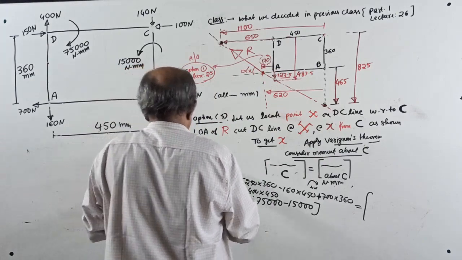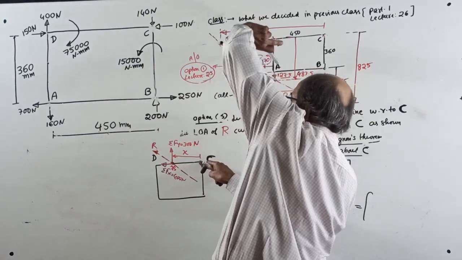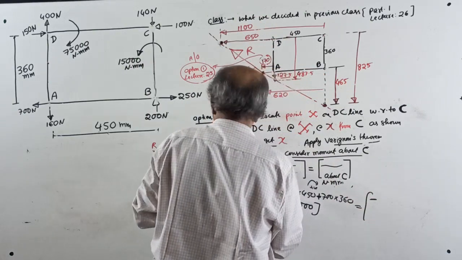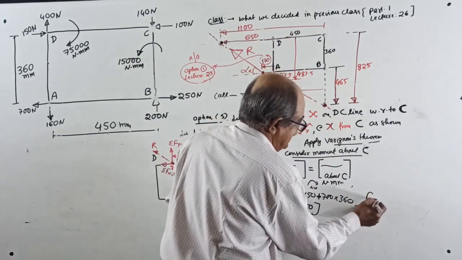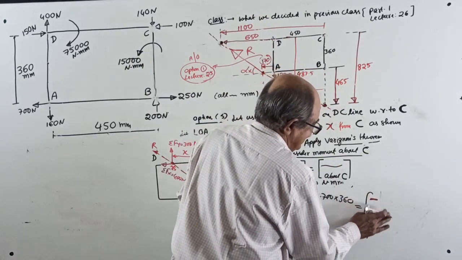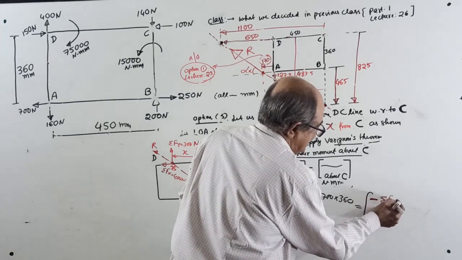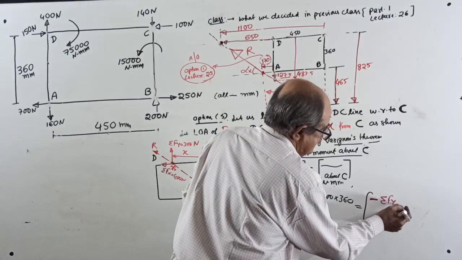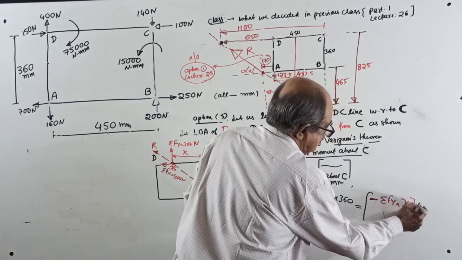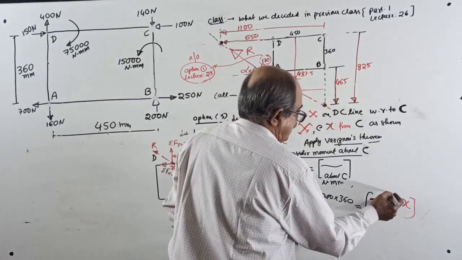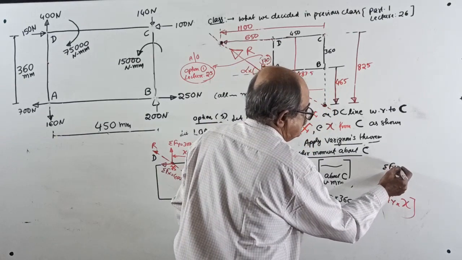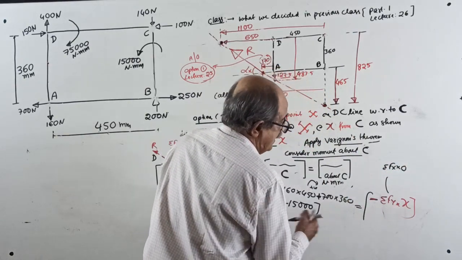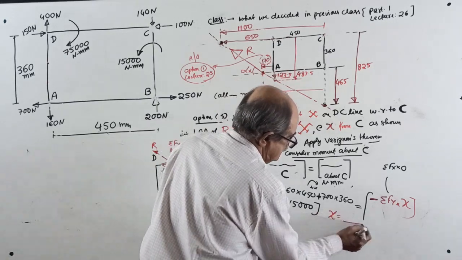Minus sigma Fy into x. Sigma Fx into 0, not required. Solve it. Now you get the value of x.